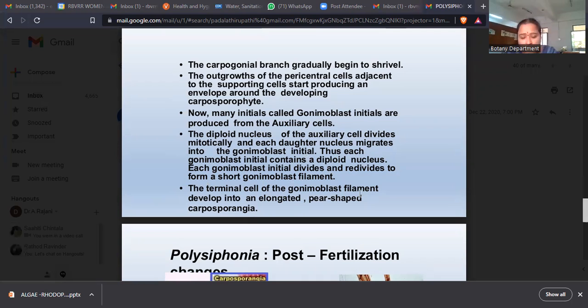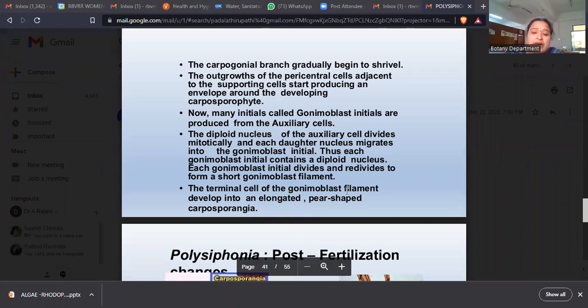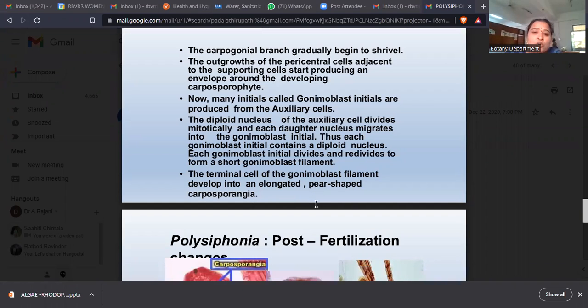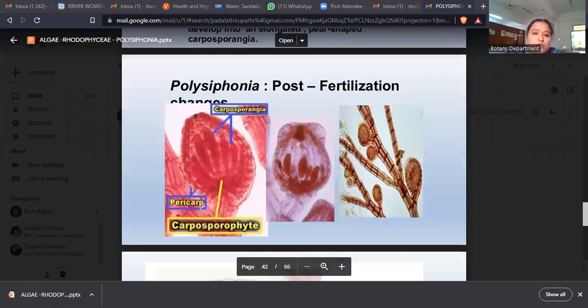The terminal cell of the gonioblast filament develops into an elongated pear-shaped carposporangium. See this one, very important. The fertile or terminal filament has which cell? The carposporangium. This is the carposporophyte.